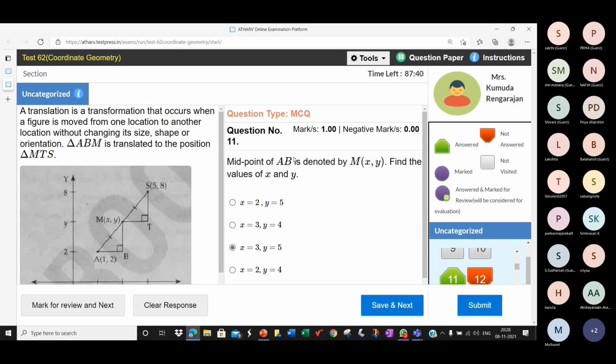Oh, this was incorrect. Okay. Ignore this. What's the correction here, children? Midpoint of AS, ma'am. Yes, AS. I should correct this. Midpoint of AS is given by. Yeah, the answer is correct.